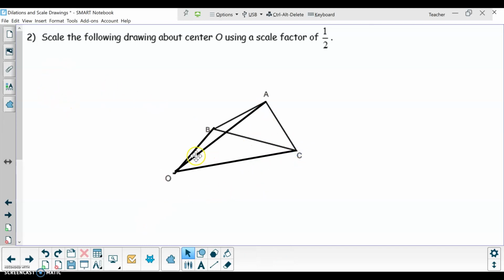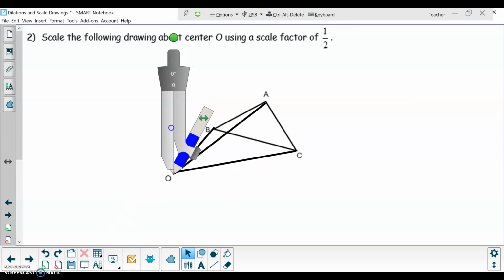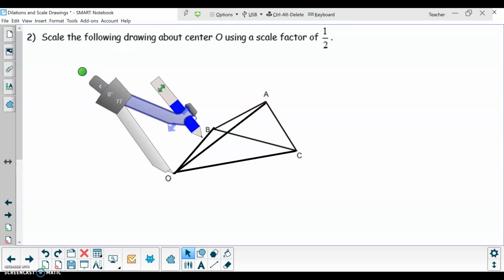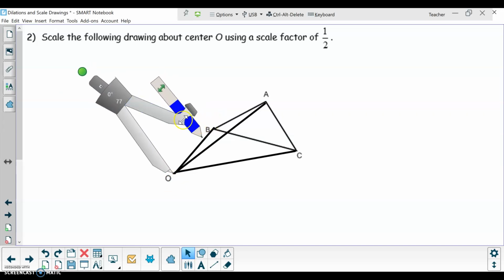So when you want to dilate by a scale factor of 1/2, we're going to be using a bisector, all right? Because a bisector, we know, intersects the segment at its midpoint, and the midpoint is the halfway mark. All right, so what we're going to do here is we're going to put middle point at the center of dilation, just as we did before. So again, when you measure from O to B, that's a scale factor of 1. Here we want a scale factor of 1/2.